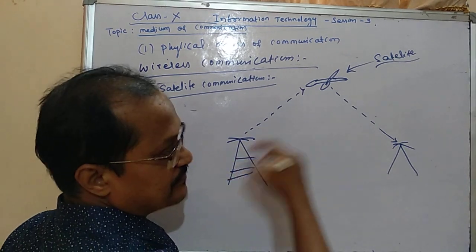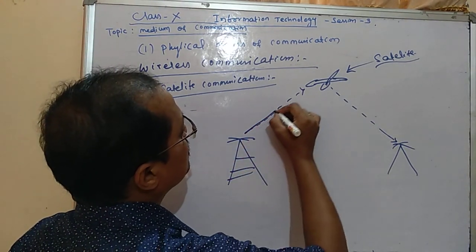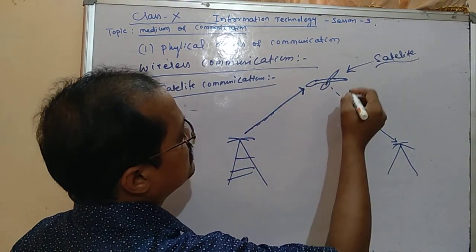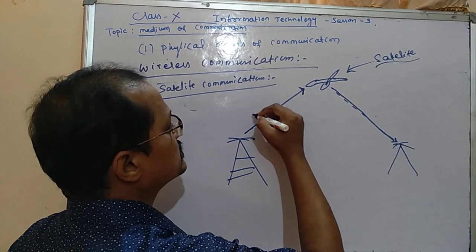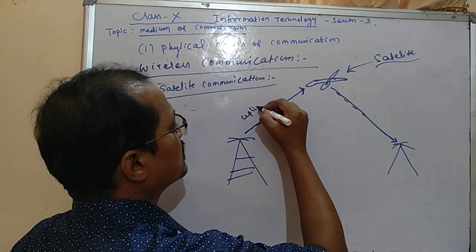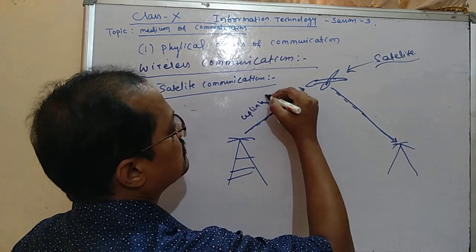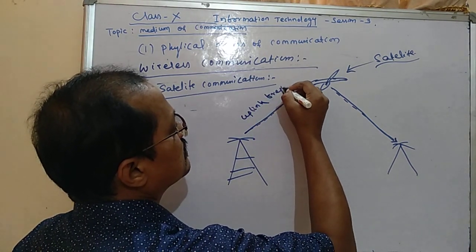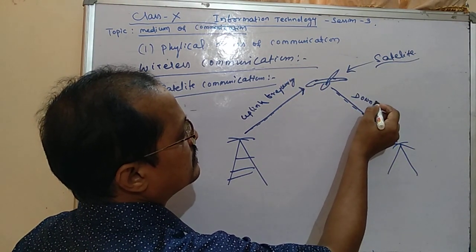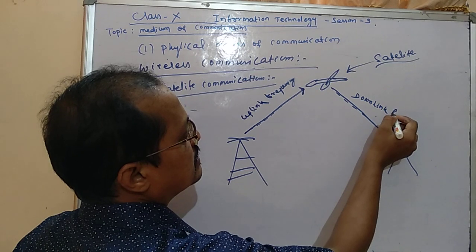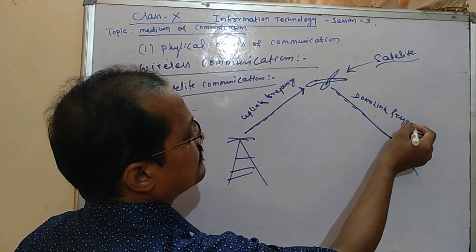And the communication that is upward, and this is called downward. The frequency used is called the uplink frequency, and this is called the downlink frequency.